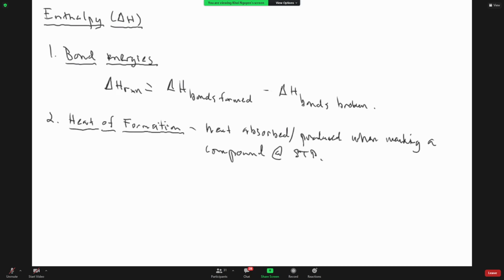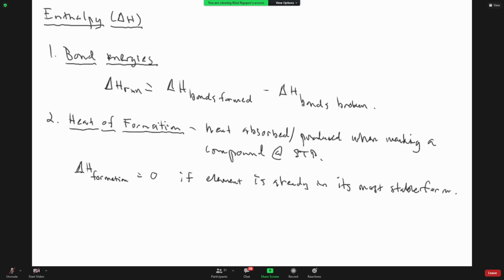There are certain elements that have a zero heat of formation when they're formed. Delta H of formation is equal to 0 if the element is already in its most stable form. So there are certain diatomic gases and liquids that you need to know that have zero heat of formation.